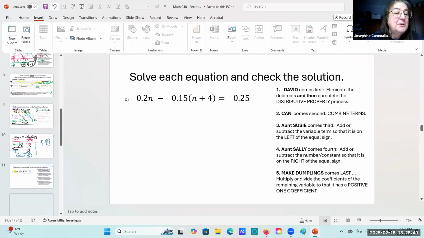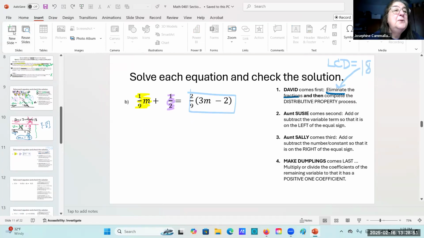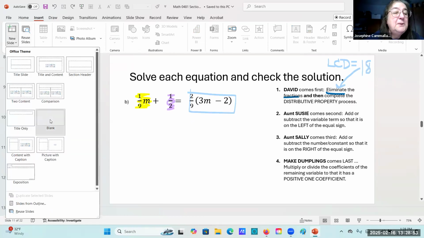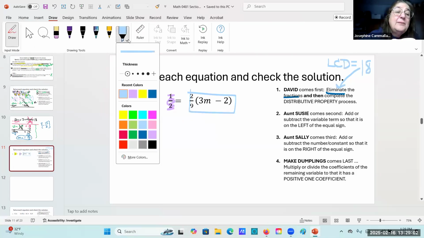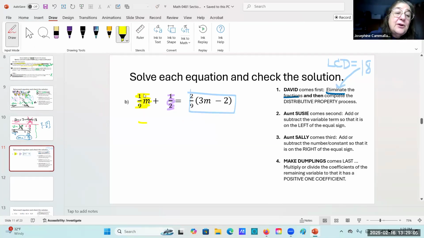Okay. Now, let's work this out. Okay. Here's my yellow term.